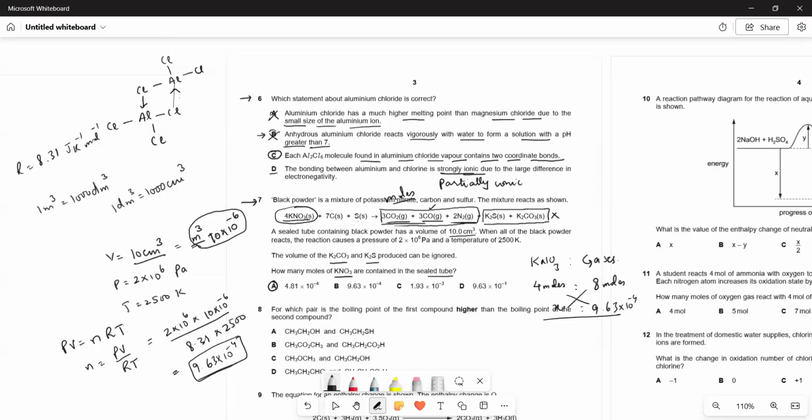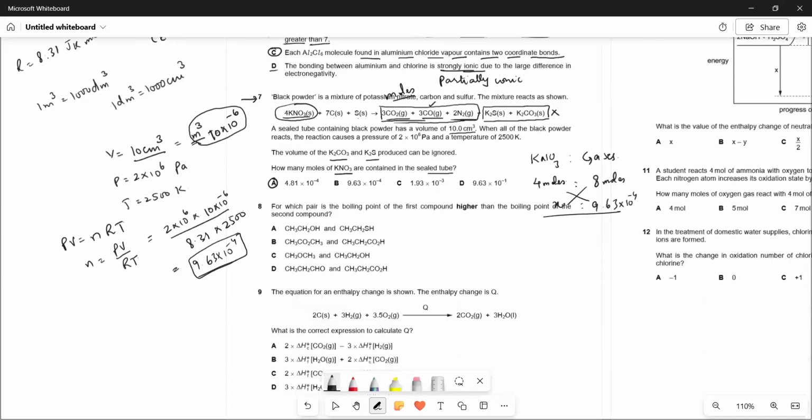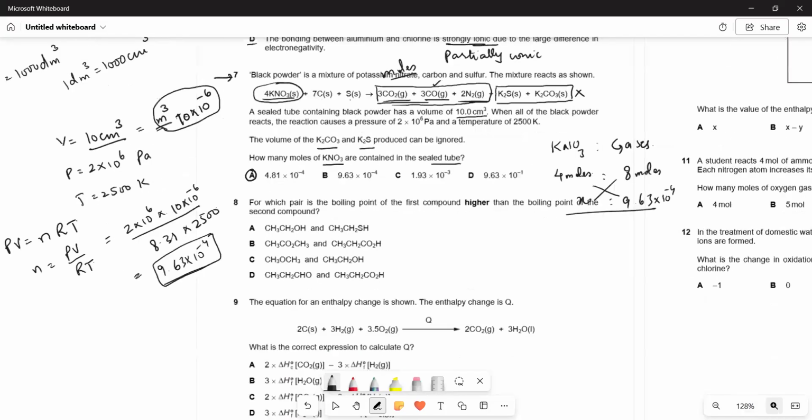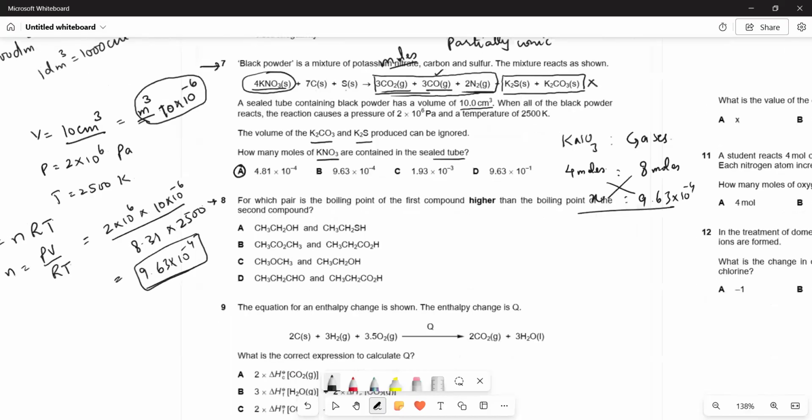Okay, let's see another question. This one, question number 8. They are asking for which pair is the boiling point of the first compound higher than the boiling point of the second compound.